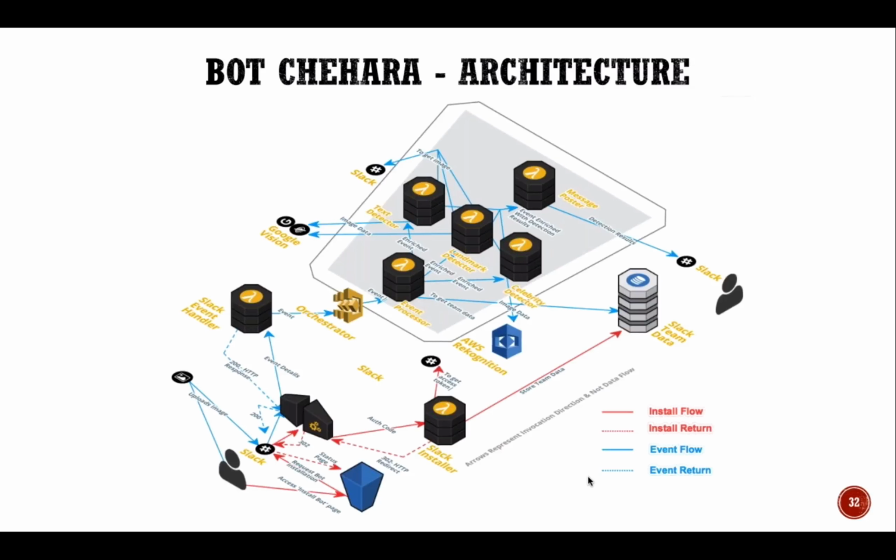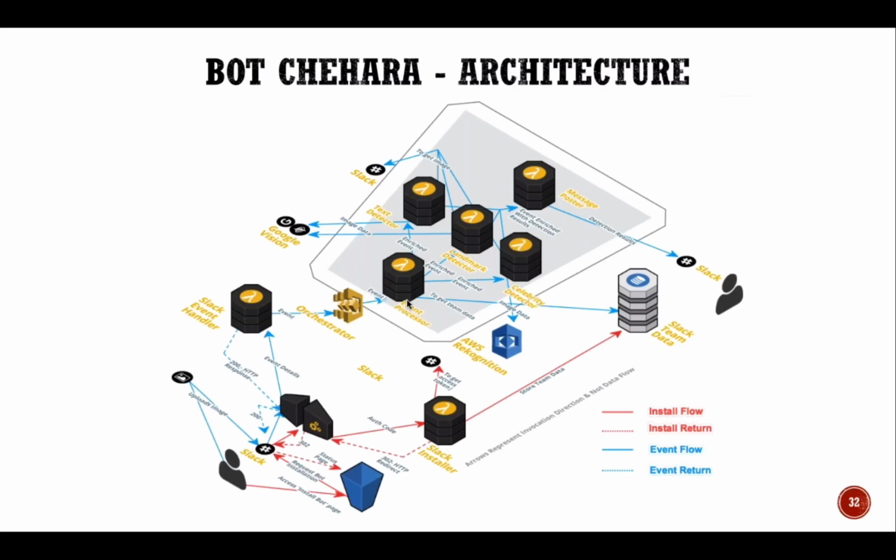So this slide here is the overall high-level architecture of the application. The right-hand side describes the installation flow, and the left-hand side describes the actual logic as and when events occur on the Slack channel. So to begin with, a user has to install the Slack bot into their workspace.